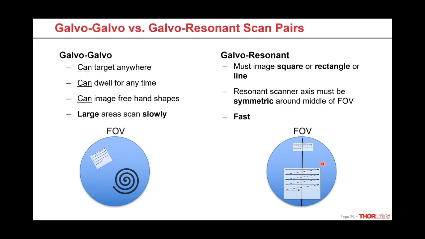Because the resonant scanner is resonating around its central point, which is centered in the middle of the field of view, the areas of imaging need to be symmetric around this middle line. However, the advantage of resonant scanning systems is that they are fast. Video frame rate speed, even across the entire field of view.